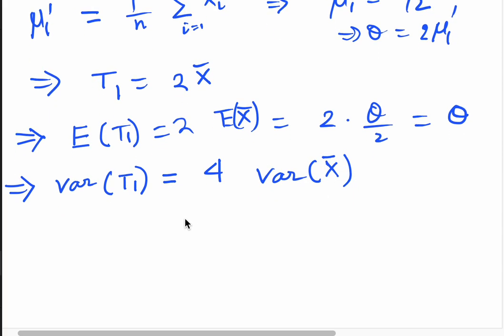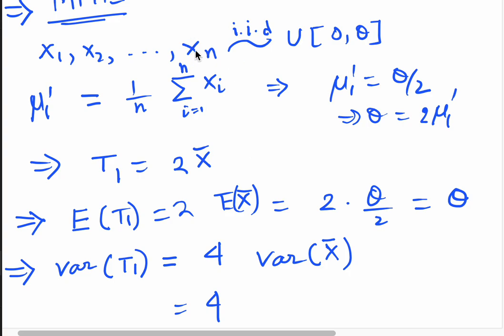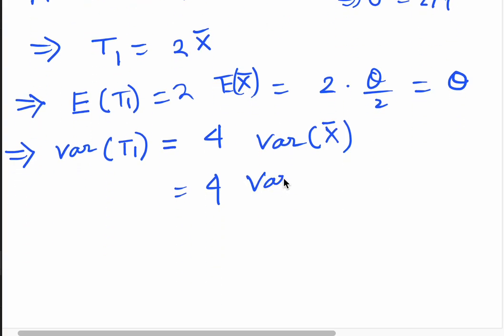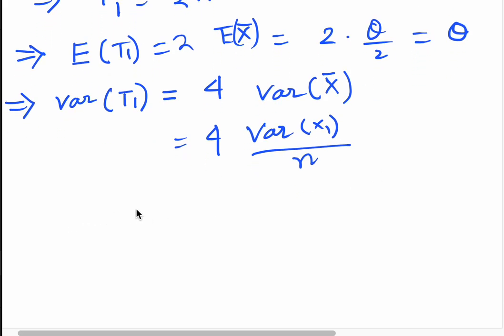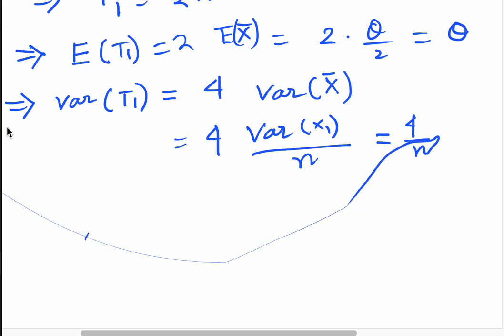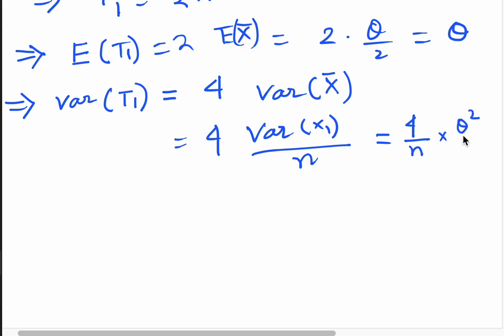And the variance of x bar, we know for the uniform distribution, is nothing but the variance of a single variable by n, and the variance of a single variable, if we calculate, is theta cube by 3, so 4 by n, this is theta square by 3.